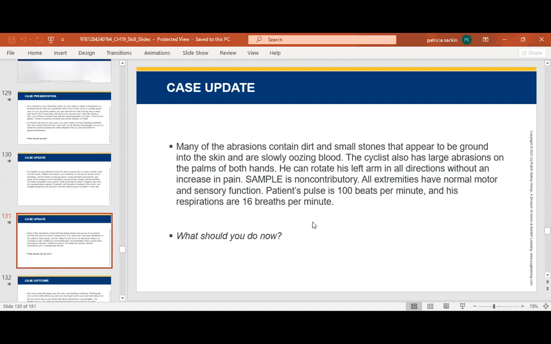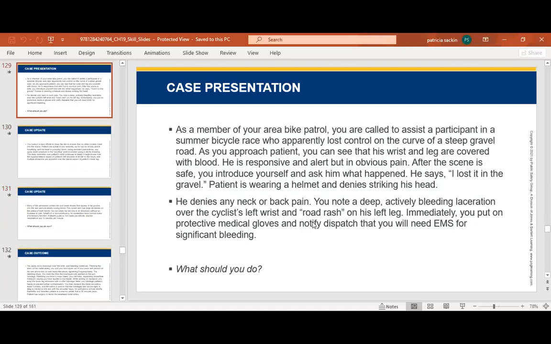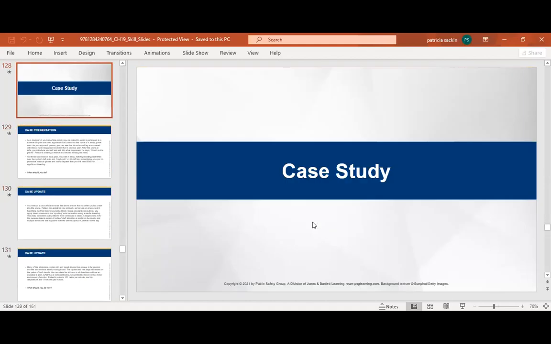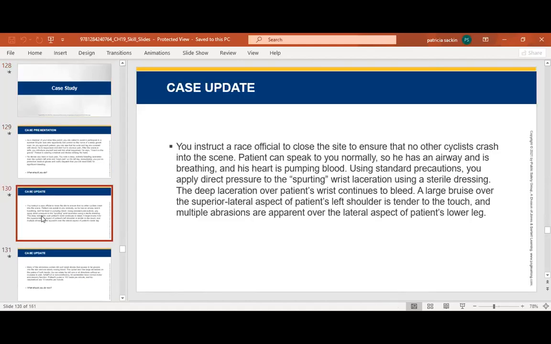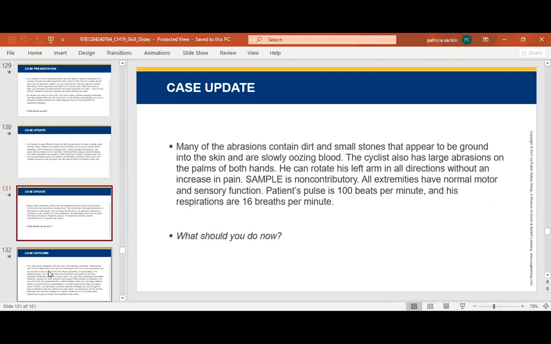And so how would you call this in? Someone jump in. Call in with patient: it's a male, approximate age, what happened, where your location is, and any equipment you might need.